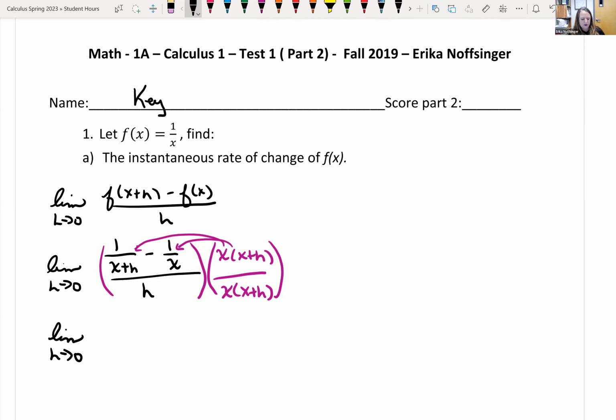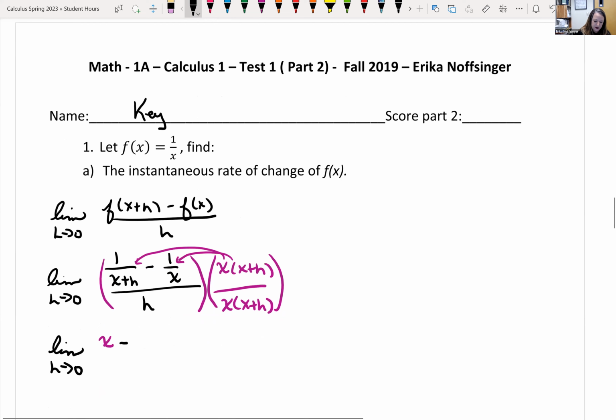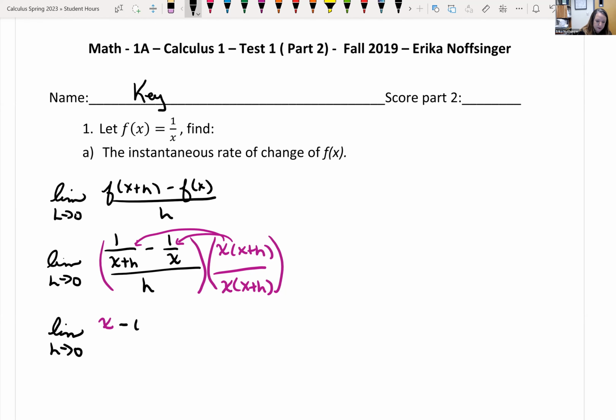So 1 over x plus h times the quantity x plus h cancel, leaving us with just an x there. Minus, so distributing that to 1 over x, and this time our x's cancel, leaving us with, be careful here, you should put parentheses, x plus h. All over, and let's just keep it as x times h times x plus h.